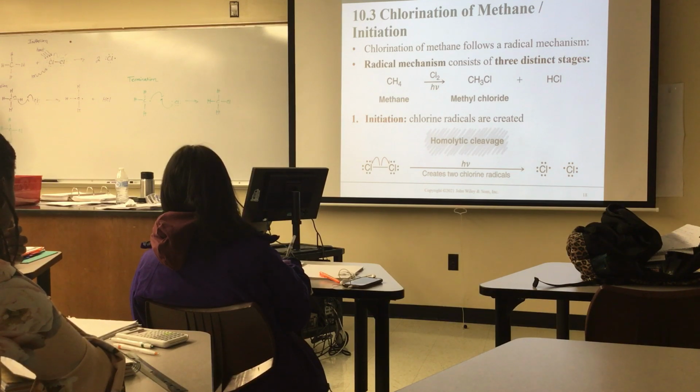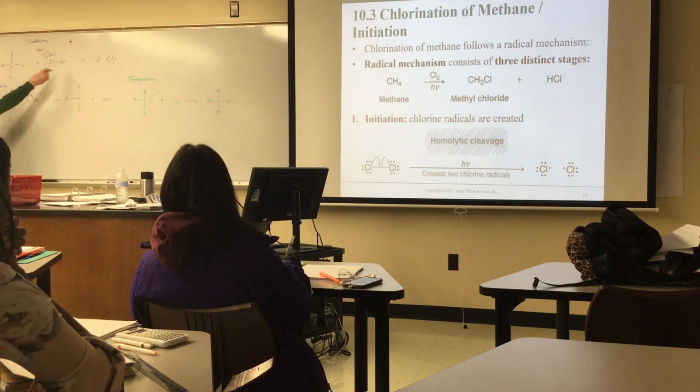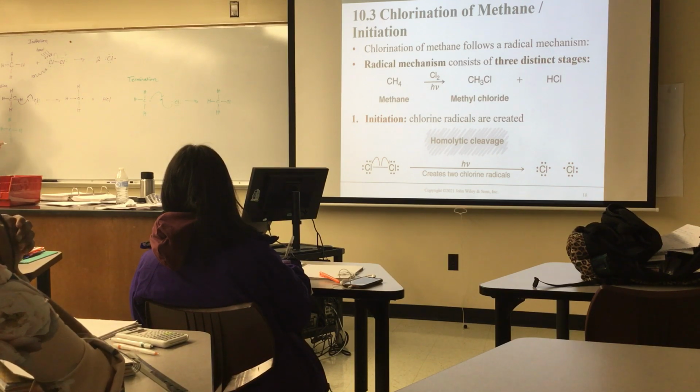What has to happen? Another cleavage. Yeah, you have to have more chlorine gas that gets cleaved. So if you're in the presence of excess chlorine gas, you're always going to have these chlorine radicals around, right? So if you still have more chlorine radicals around, just do it again.